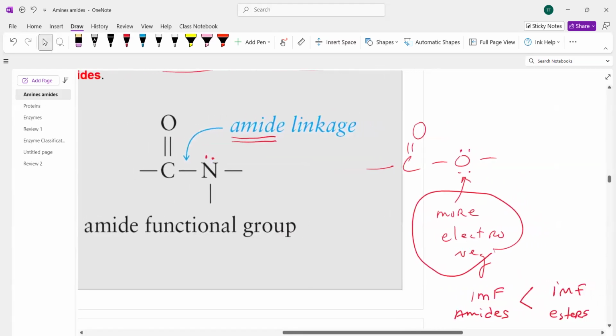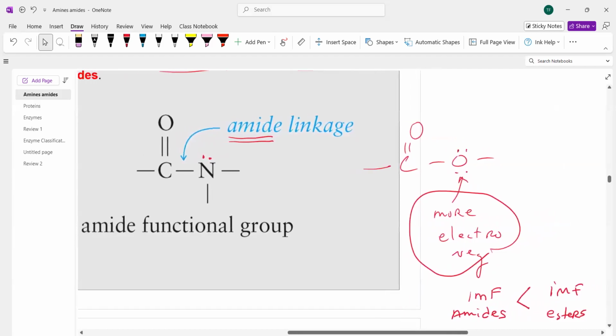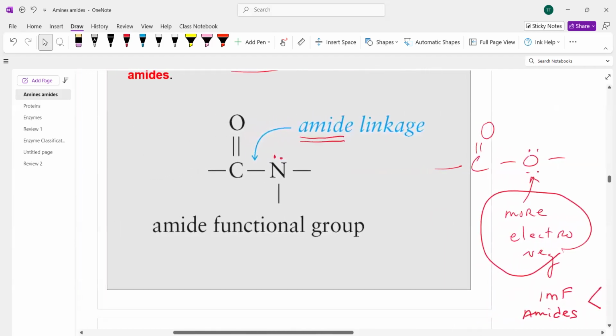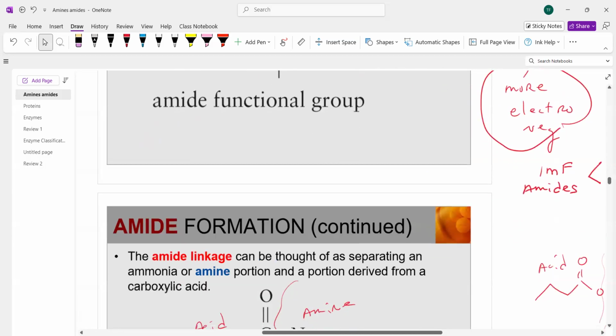Now, the IMF for an amide versus an amine is less.